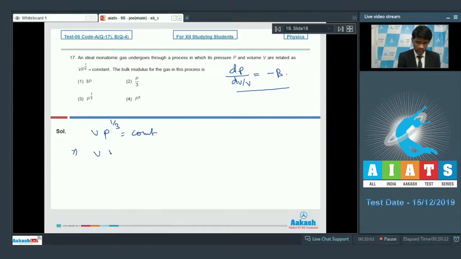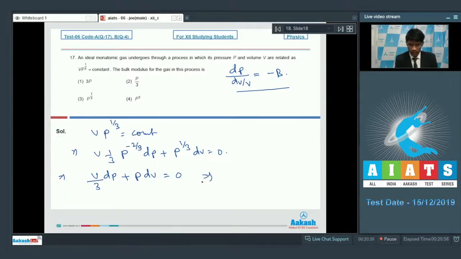So its differential is V into 1 by 3 P to the power minus 2 by 3 dP plus P to the power 1 by 3 dV must be equal to 0, or from here V divided by 3 dP plus P dV must be equal to 0, or minus V dP equal to 3 P dV, or minus dP divided by dV by V is equal to 3P.